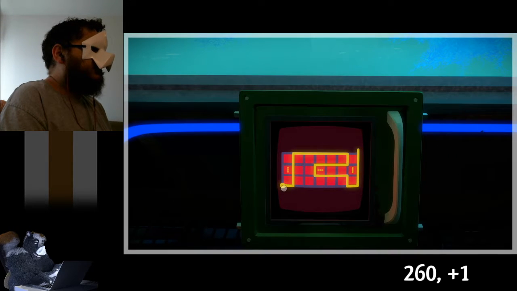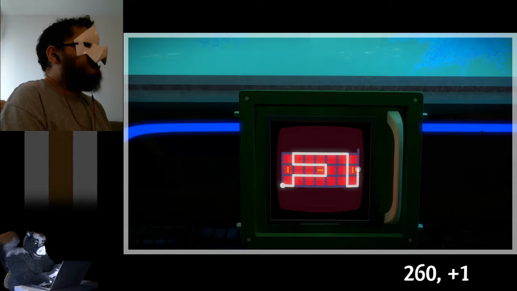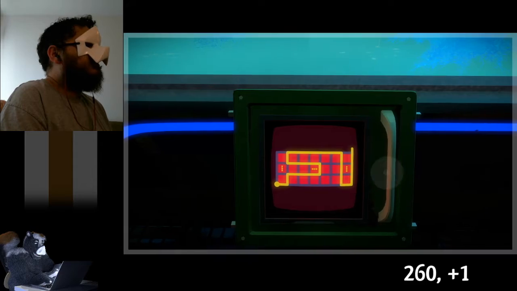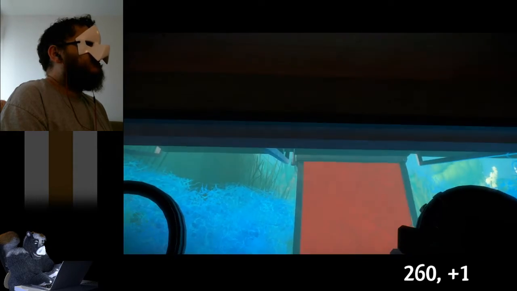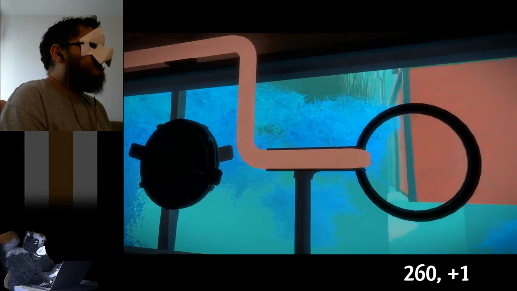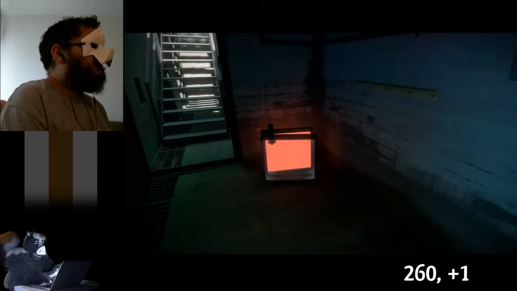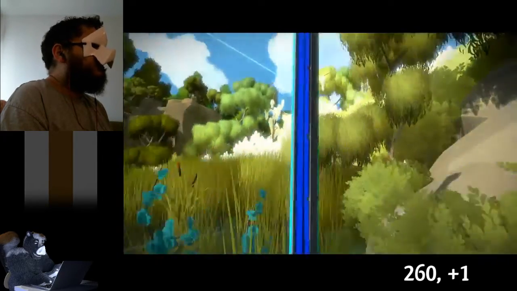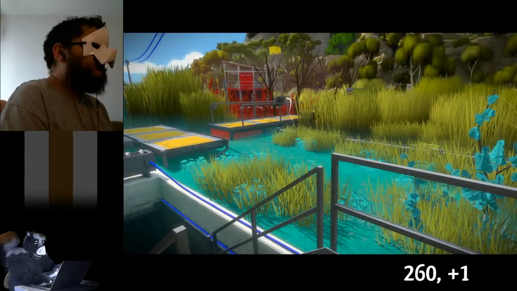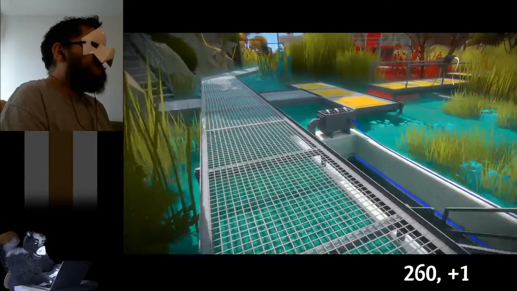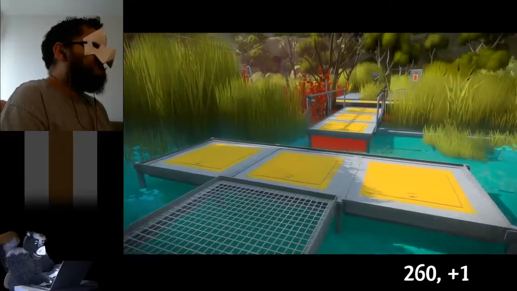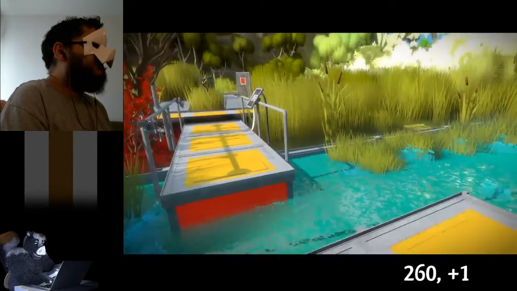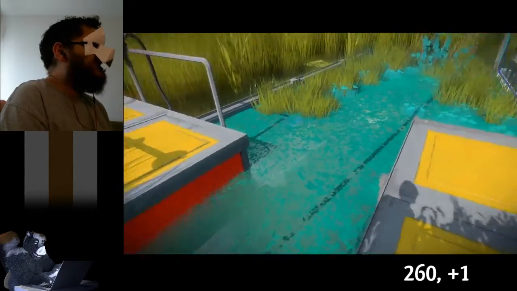Alright. We'll turn it the other direction. It just moves that back. If by some chance I needed it to.